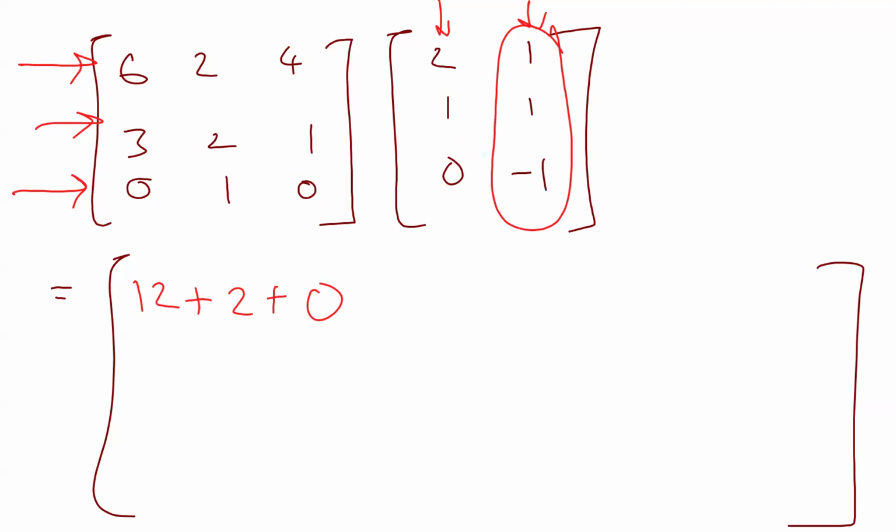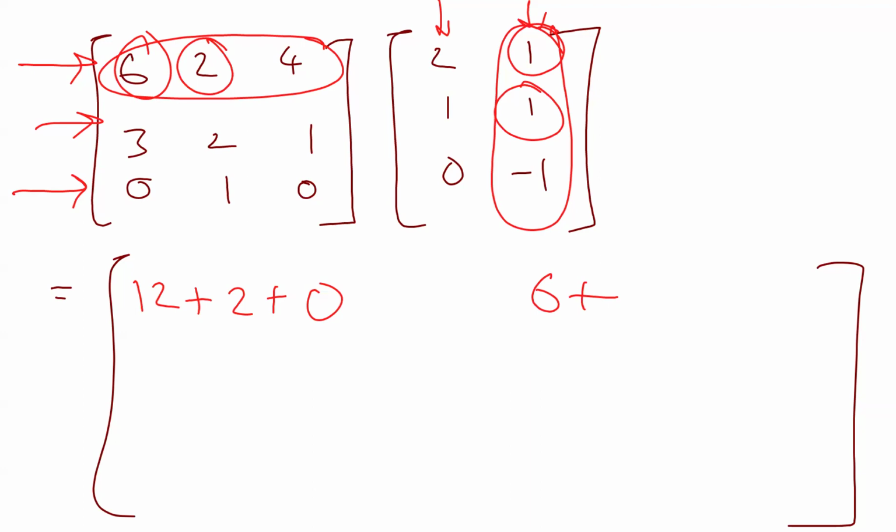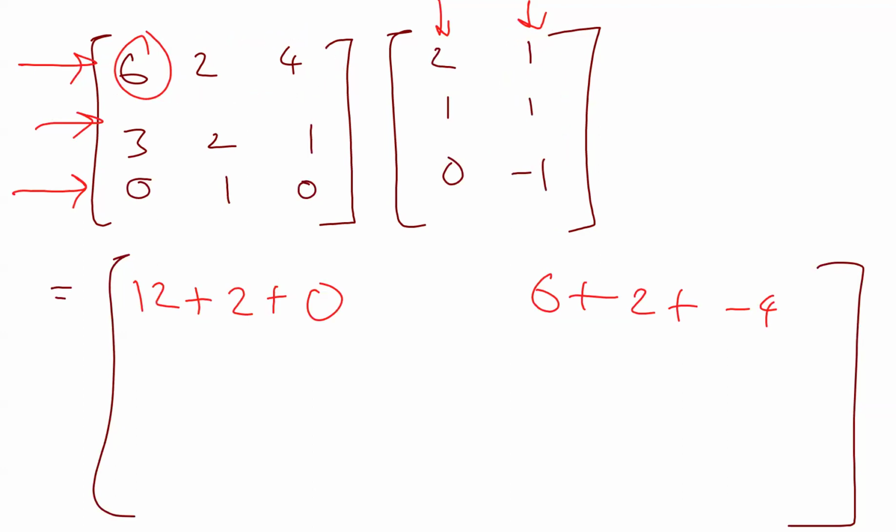First row, first column is over. Now first row, second column: 6 into 1, 6 plus 2 into 1, that is 2 plus 4 into minus 1, that is minus 4. Now first row and both the columns are over.